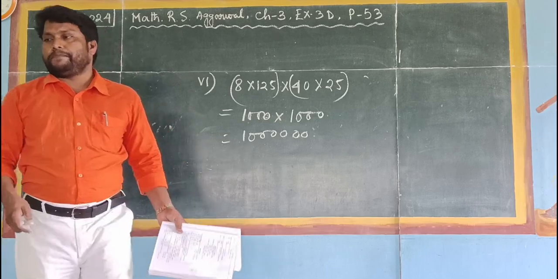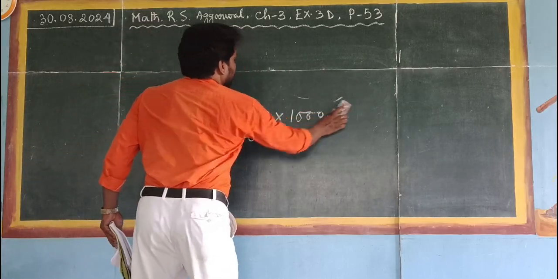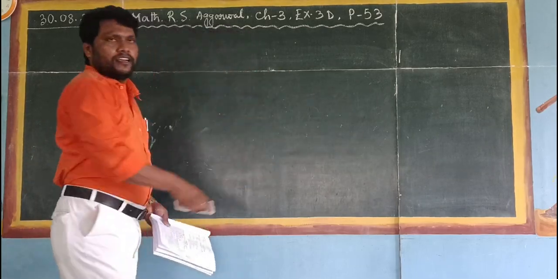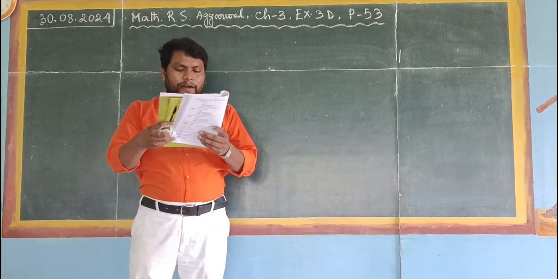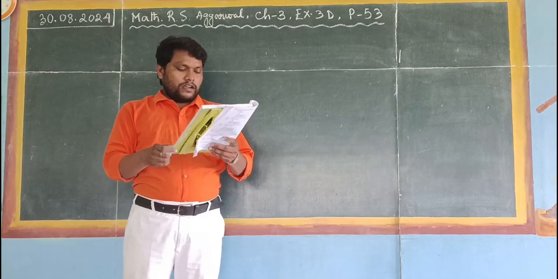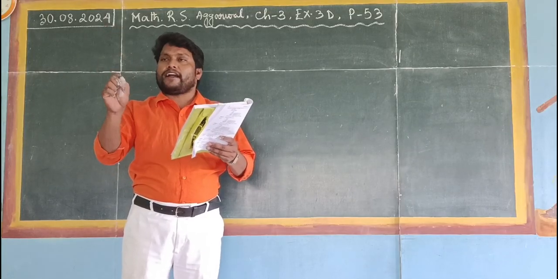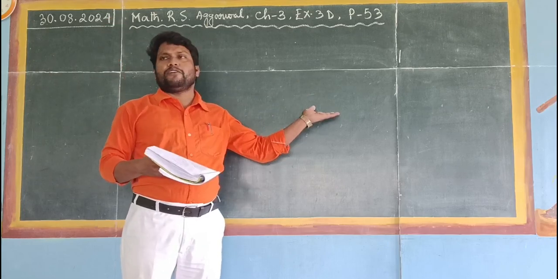Next, question number 5. The problems are quite different from the previous question. They have given the problem and said: using the distributive law, find each of the following products. So what was the distributive law?